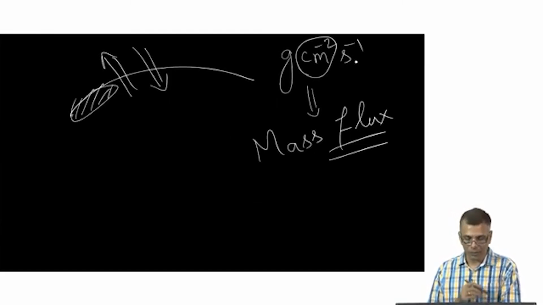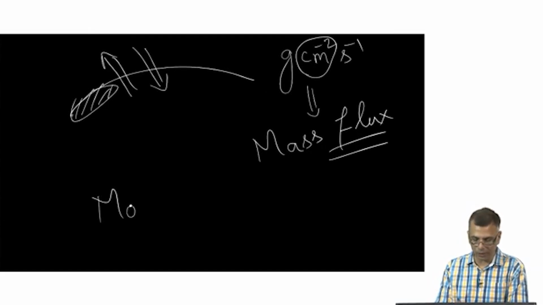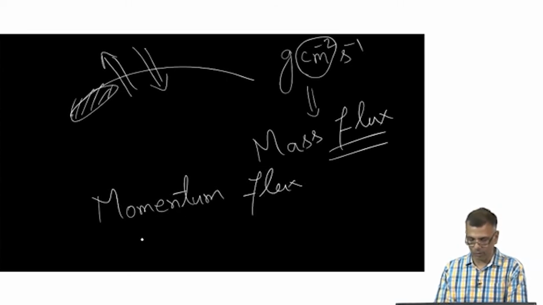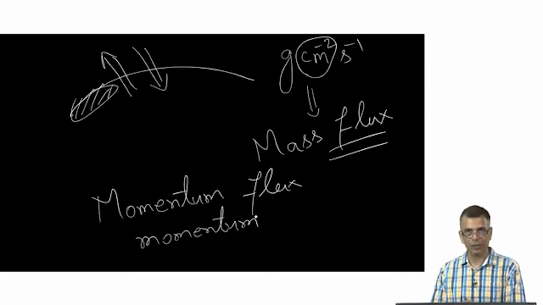We will come back to this kind of definition over and over again. It turns out that one can define something called the momentum flux as well, the flux of any quantity for that matter, which is momentum, whatever the units of that is, essentially grams centimeter per second, because it's mv, momentum per unit area per unit time.